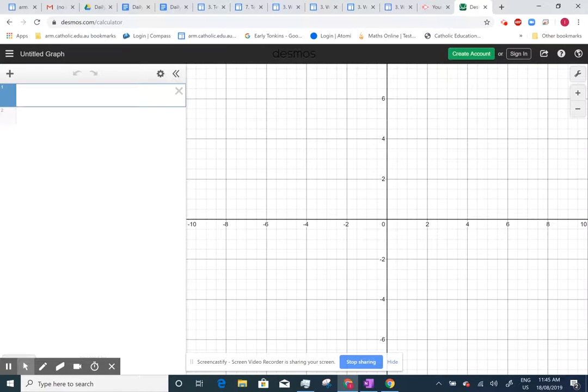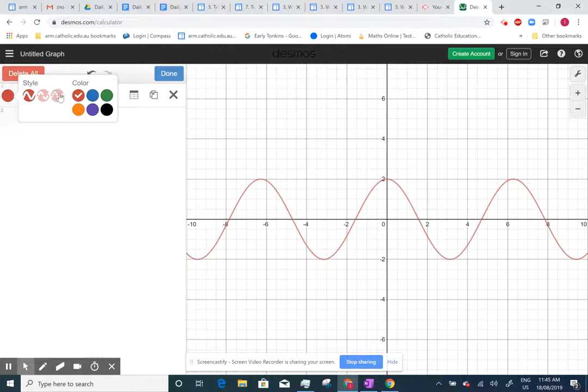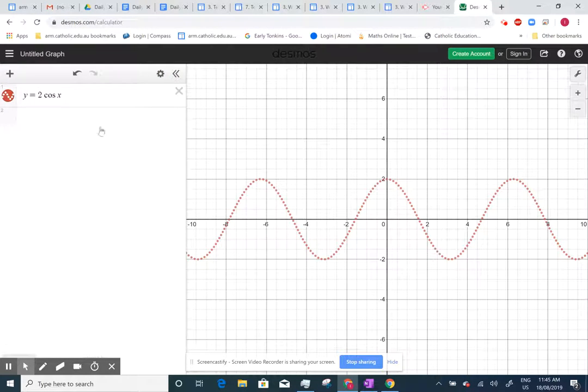So what was it? y equals 2 cos x. So we'll type in y equals 2 cos x. And there it is. We'll dot that, because that's not the curve we're looking for.